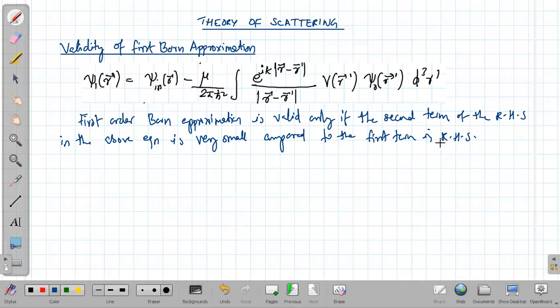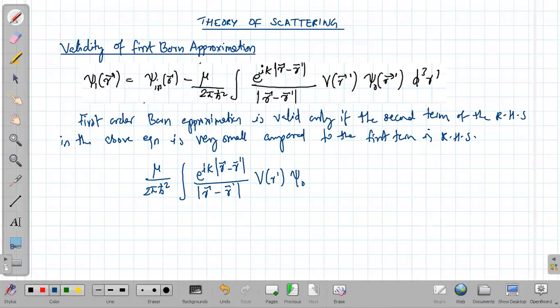First term in the RHS. Okay, so what is the second term? The second term I can write as mu upon 2 pi h cut square, integral e raised to i k modulus of r minus r prime divided by modulus of r minus r prime, V of r prime, psi 0 of r prime, d cube r prime.